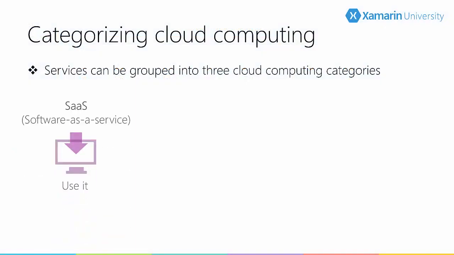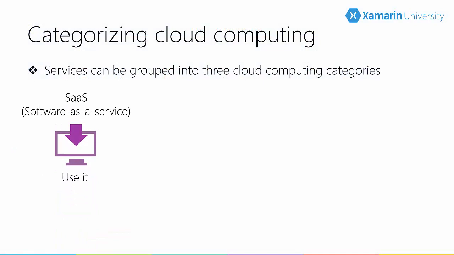Now, when we actually break down these services and categorize them, we'll find that we can actually describe them and group them into 3 common computing categories. The first is software as a service. This is the largest and most popular use of cloud computing today, and it's continuing to grow. It's where we replace traditional on-device software with web-based cloud alternatives.